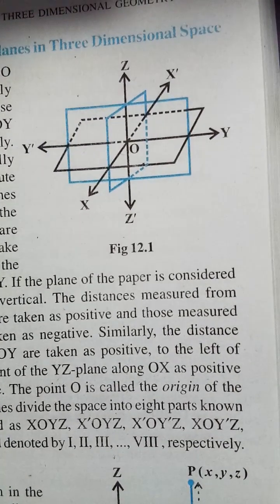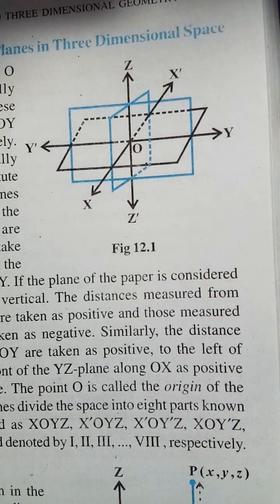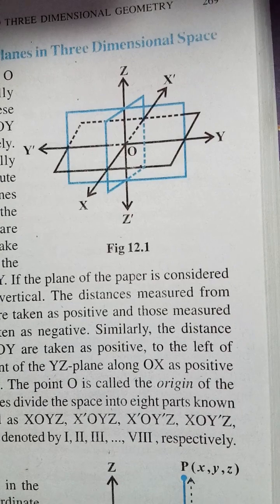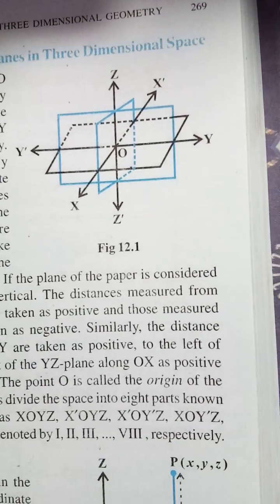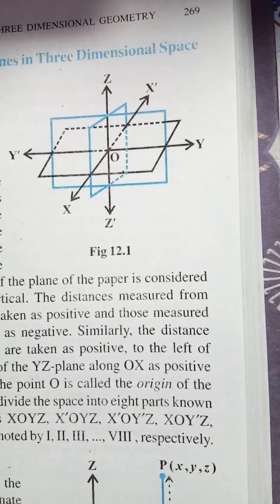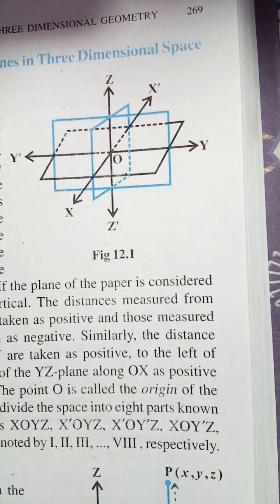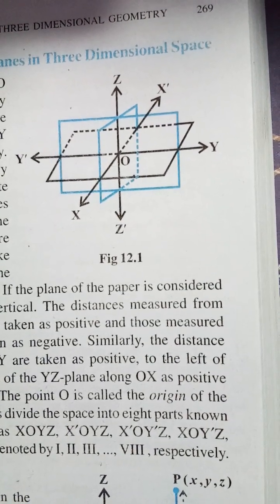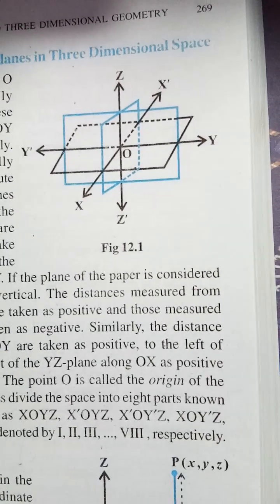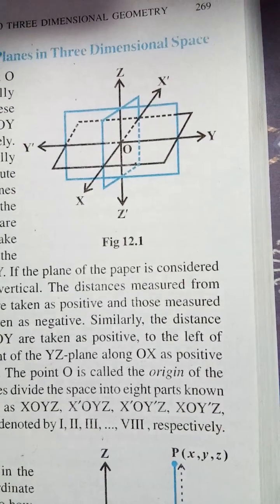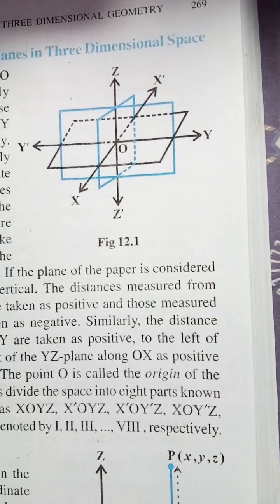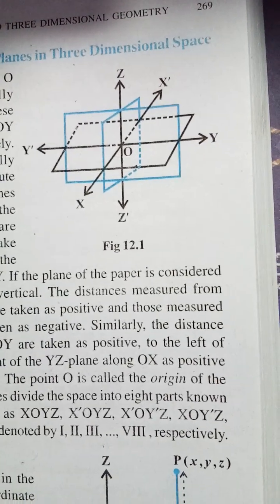We may note that these lines are mutually perpendicular to each other. These lines constitute the rectangular coordinate system. The planes XOY, YOZ and ZOX, called respectively the XY plane, the YZ plane and the ZX plane, are known as the three coordinate planes.